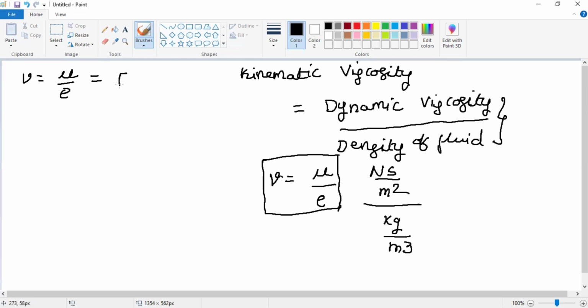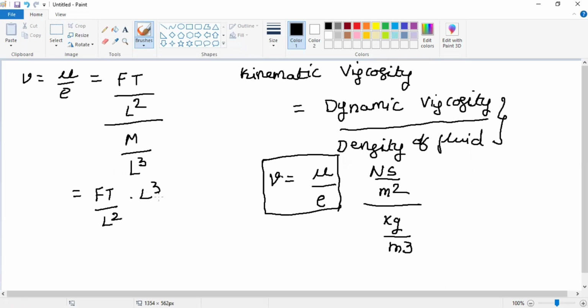Newton is nothing but force, second is time T, meter square is length L square. So F T by L square, by kg that is mass M, by meter cube that is L cube. By simplification, F T by L square into L cube by M.